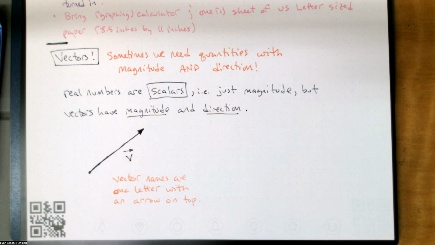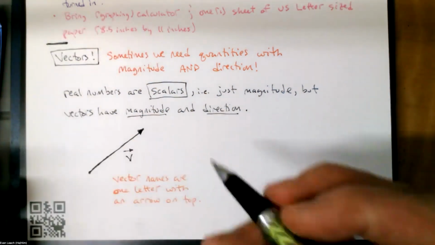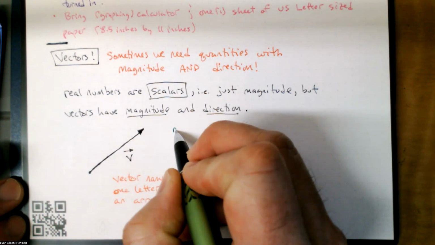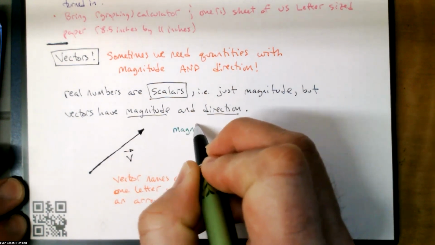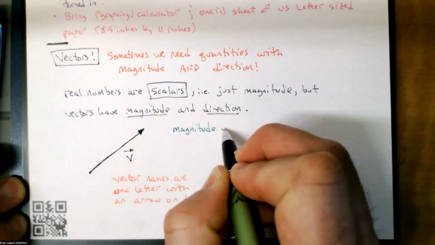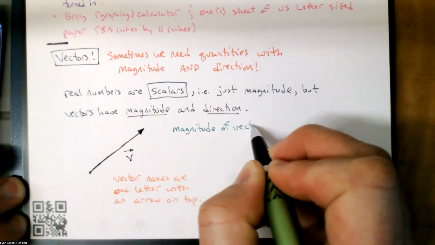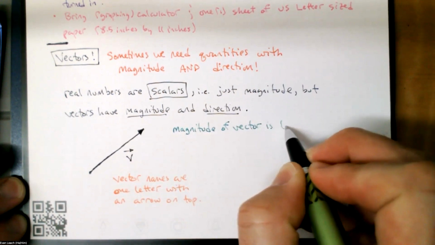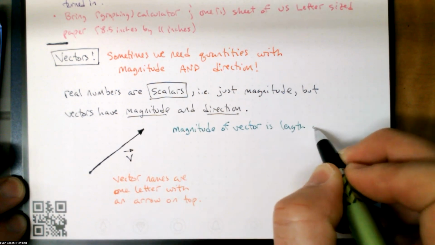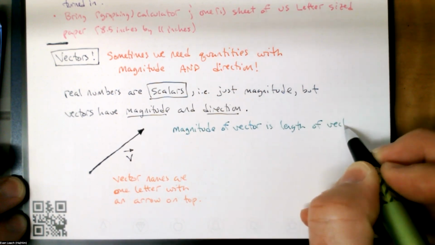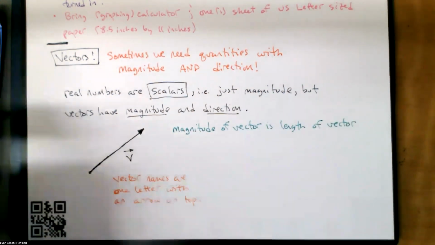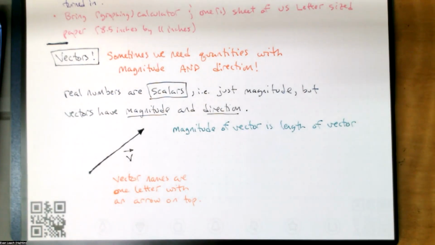The magnitude of the vector is the length of the vector.